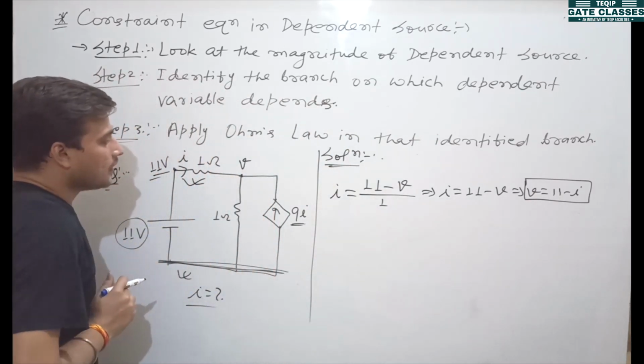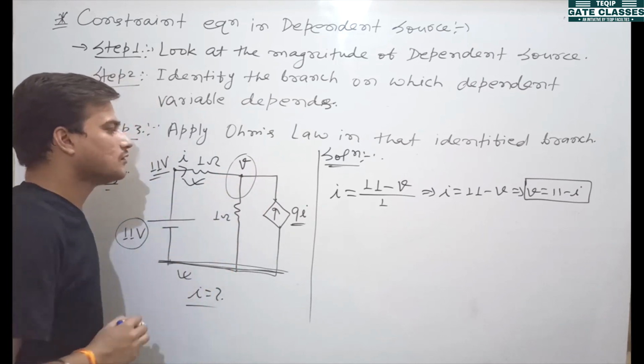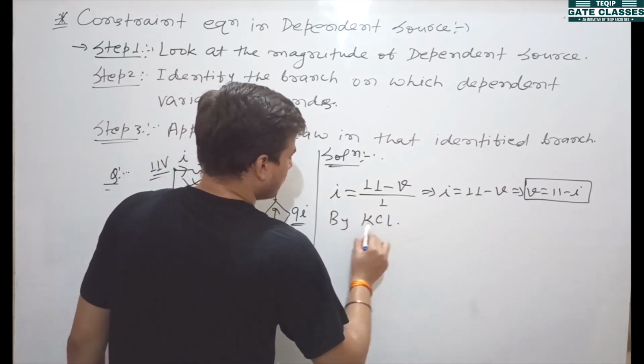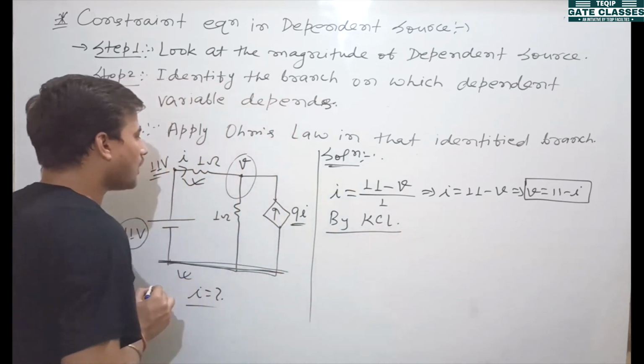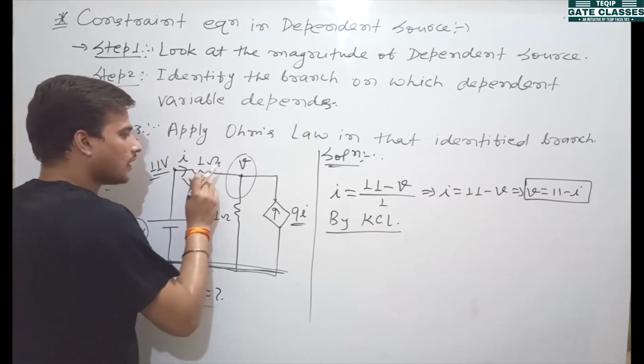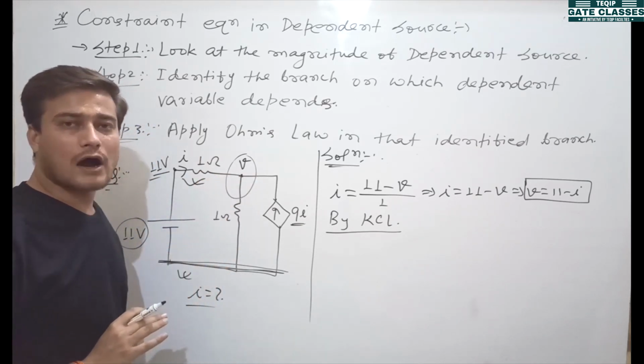Next you will have to apply Kirchhoff's current law at this node, by KCL. What is Kirchhoff's current law? The sum of incoming current is equal to the sum of outgoing current.